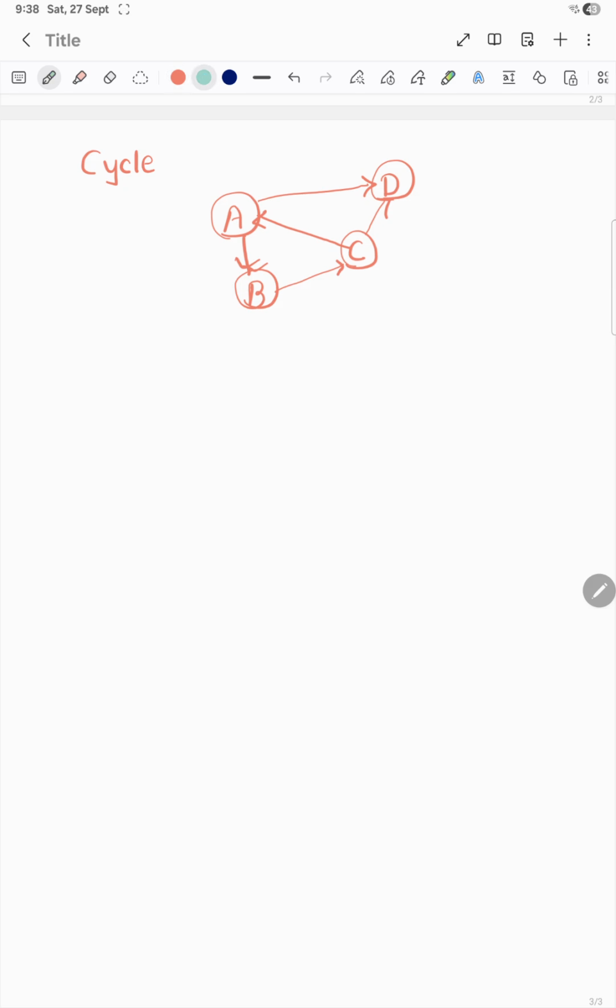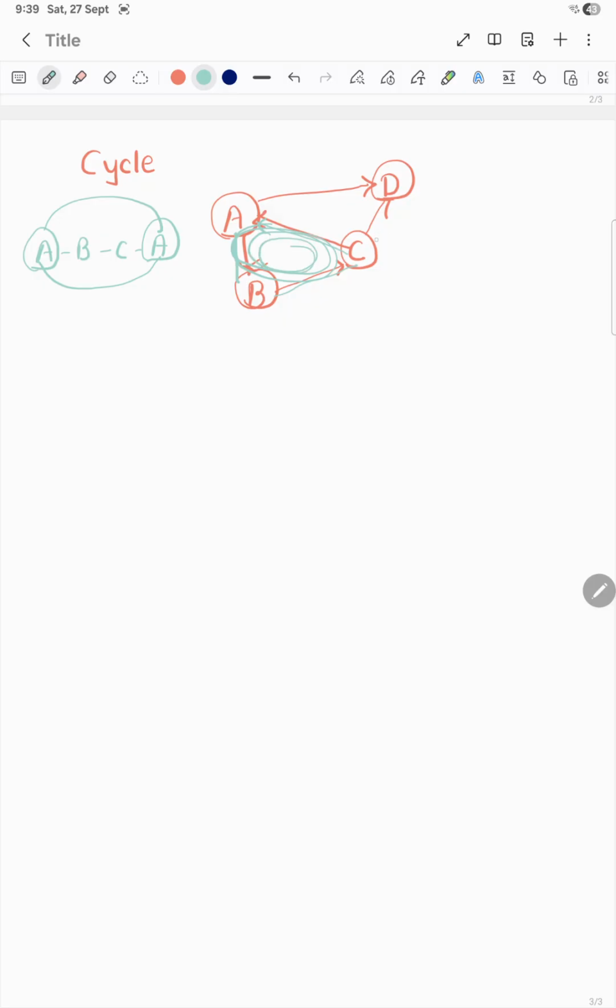Now here you can see that if I start from A, I can go to B, then B to C, then again I can come from C to A, right? Now it's a circle. This A to B, B to C and C again to A. So this, where source and destination are the same, is a cycle, right?